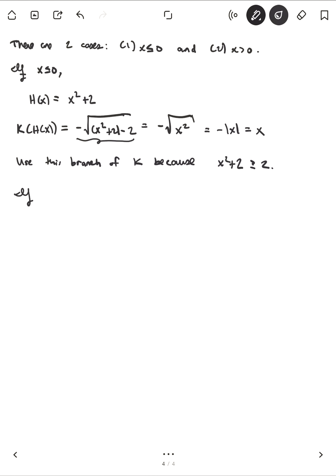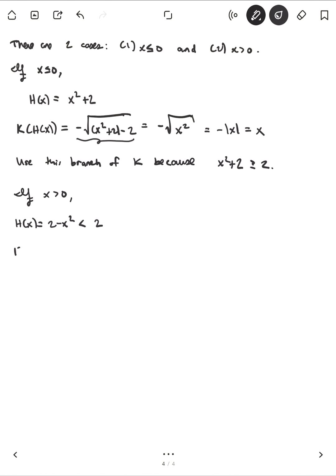Now, if x is bigger than 0, then h of x equals 2 minus x squared, which is less than 2.